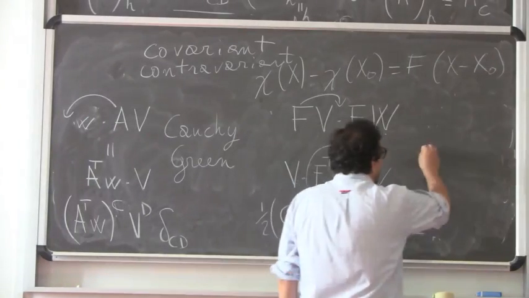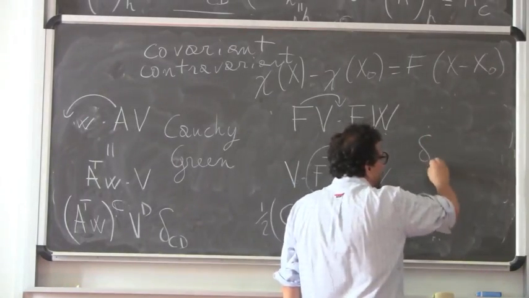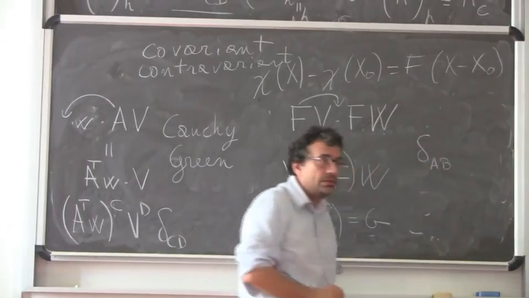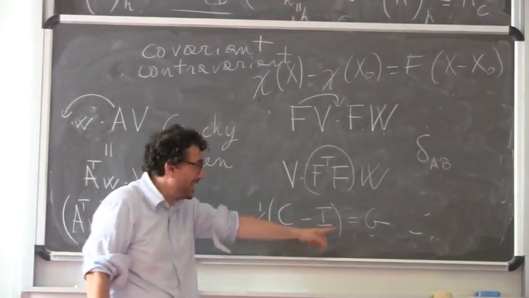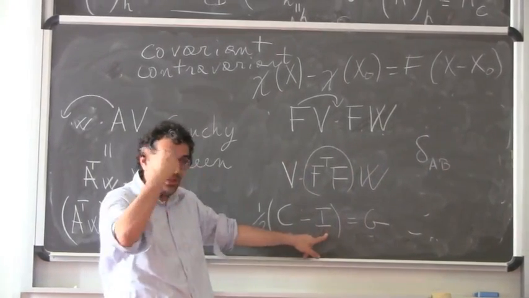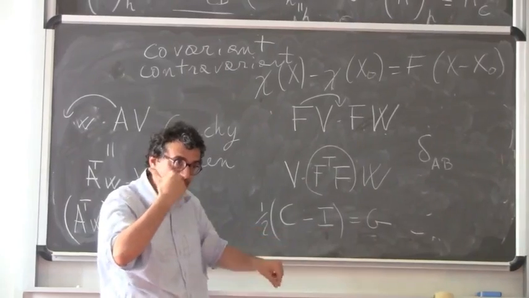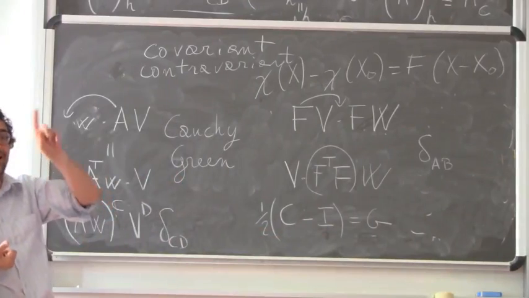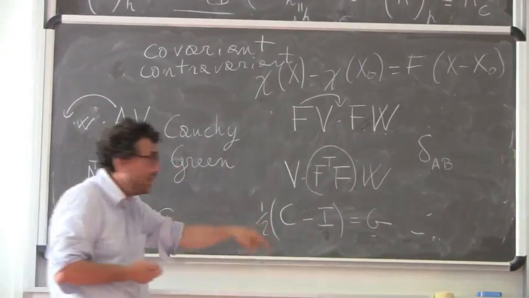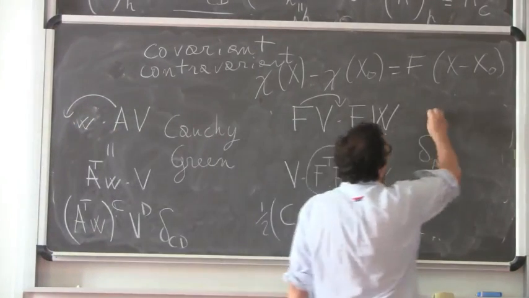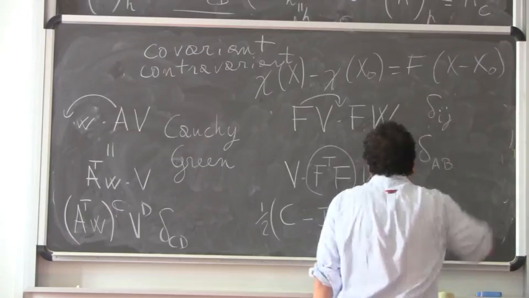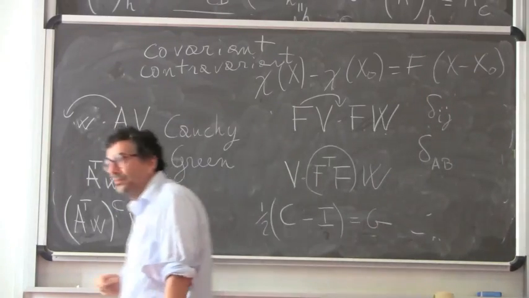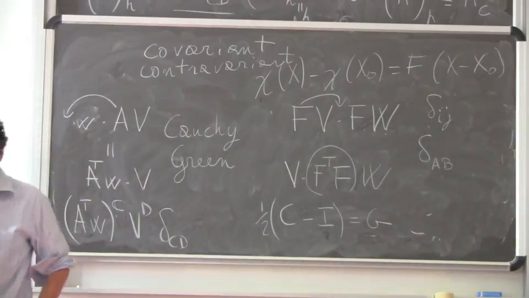You write it delta_AB, because this is the identity in the Lagrangian vector space. While when you have the identity in the Eulerian vector space, you will write delta_ij. Okay?